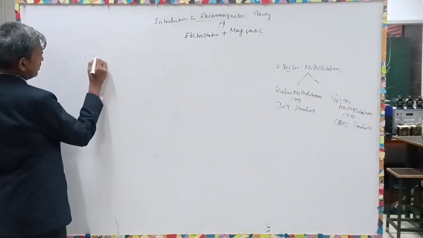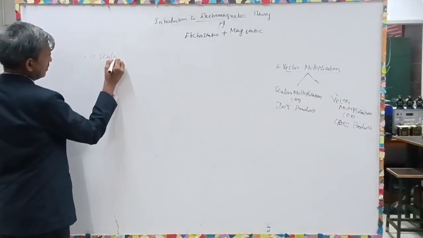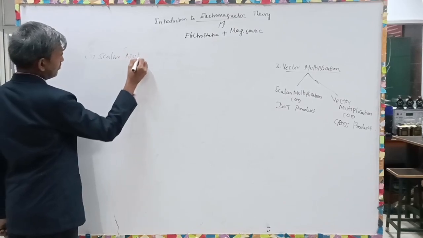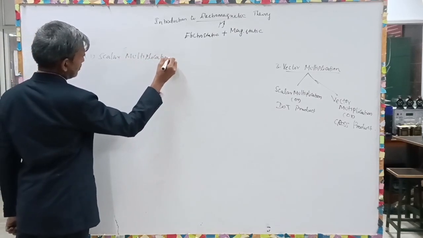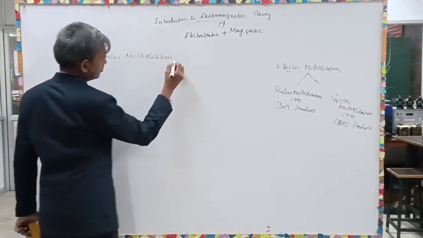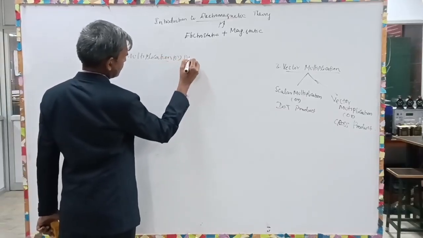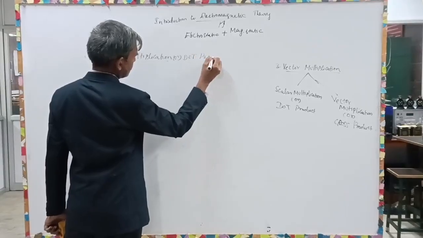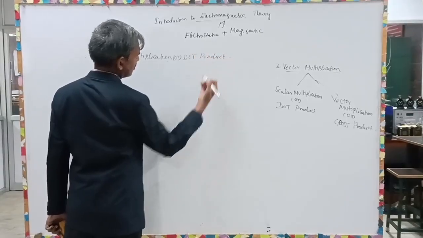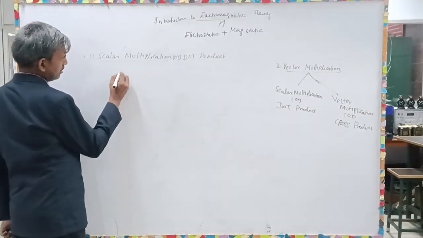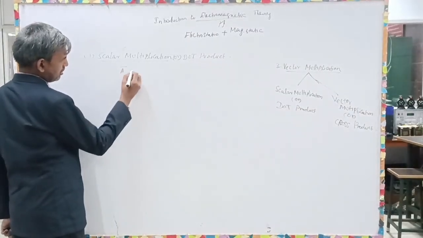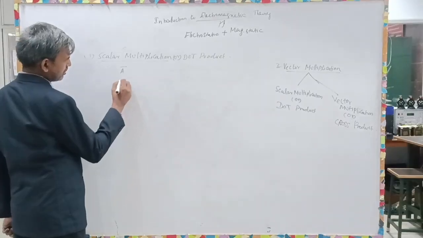First one is scalar multiplication, or dot product. Let us consider the two vectors, A vector and B vector.